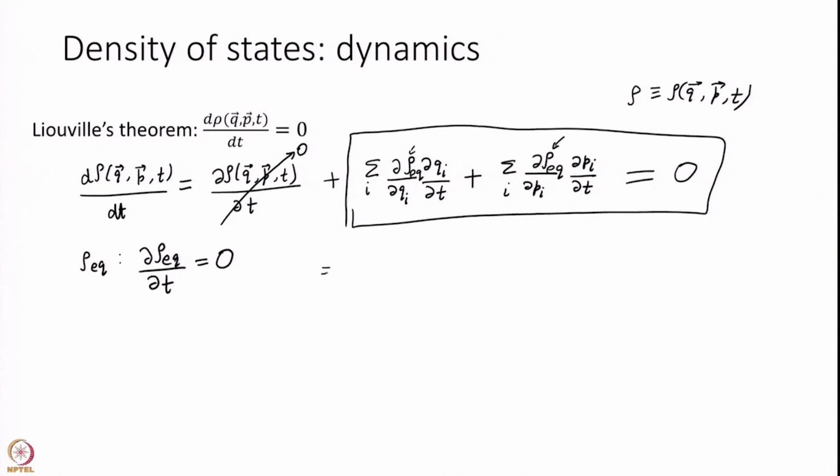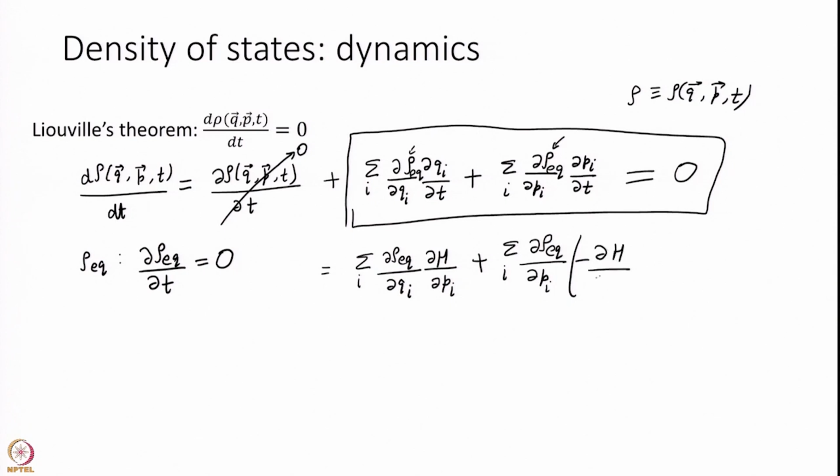So, I will get this is equal to sum over i del rho equilibrium over del qi and del qi over del t, look back into your notes, this is equal to del H over del pi, and del pi over del t, you can again look back into your notes, this is equal to minus del H over del qi, this is equal to 0.